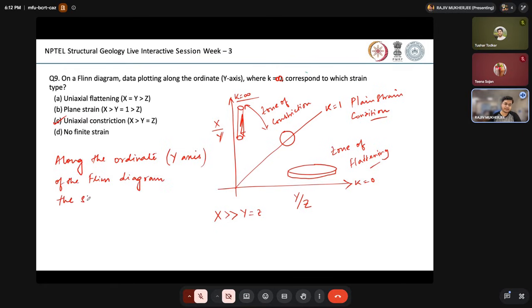The state of strain will be uniaxial constriction. Okay. So then move on to the next question.